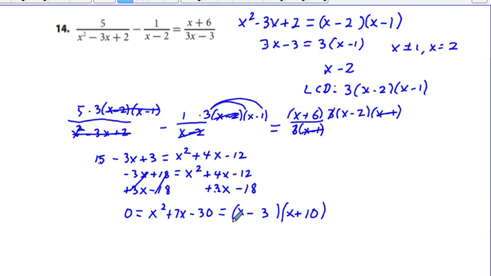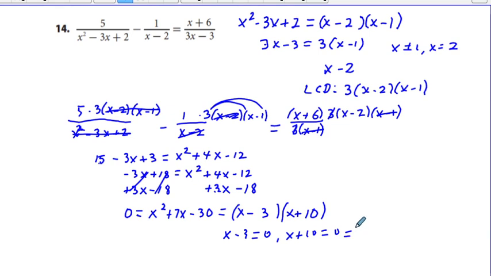So let's see here. We're solving for 0, because we have x minus 3 is equal to 0, and also x plus 10 is equal to 0.